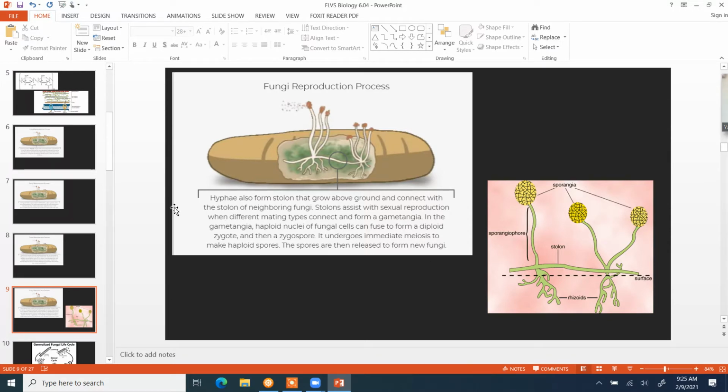So it says here, hyphae also form stolon that grow above the ground and connect with the stolon of neighboring fungi. So these stolon also assist with sexual reproduction. Mostly fungi reproduce just with spores, but sometimes they form gametes and release them in order to form new organisms.